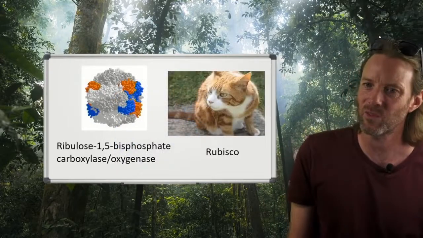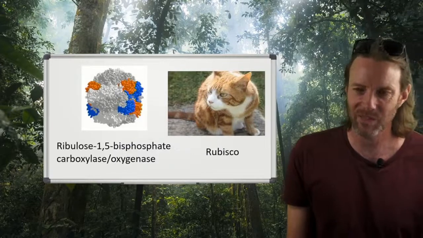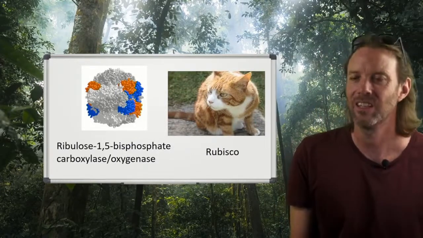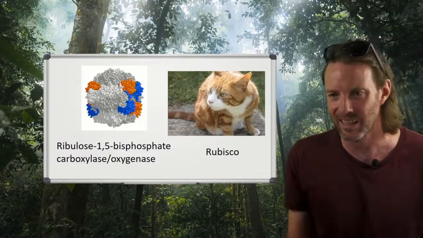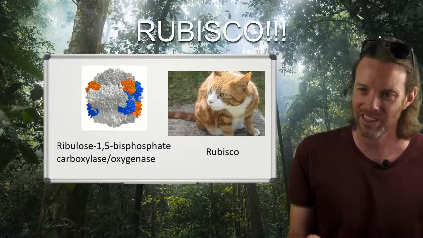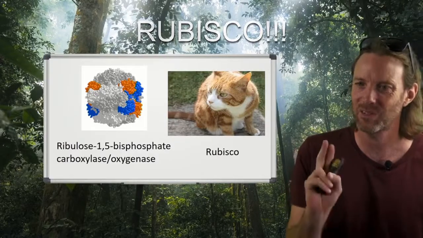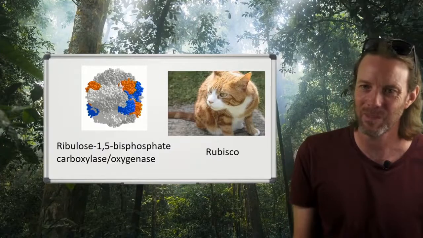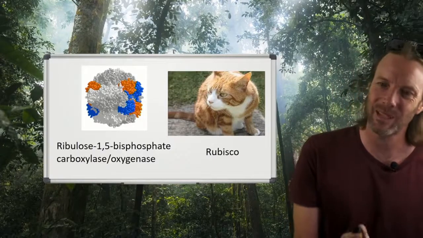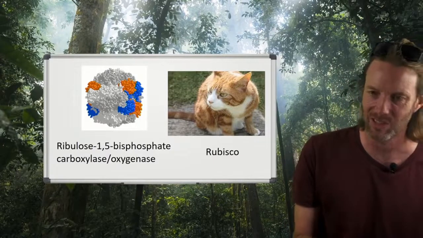And it's called ribulose 1,5-bisphosphate carboxylase oxygenase. But it's so popular among plant biologists, and it's so important, it actually gets a nickname, Rubisco. I actually have more than two colleagues who have named pets Rubisco, because it's cute, it's short, and it's a good pet name. So that's the nickname for the most abundant protein on Earth.